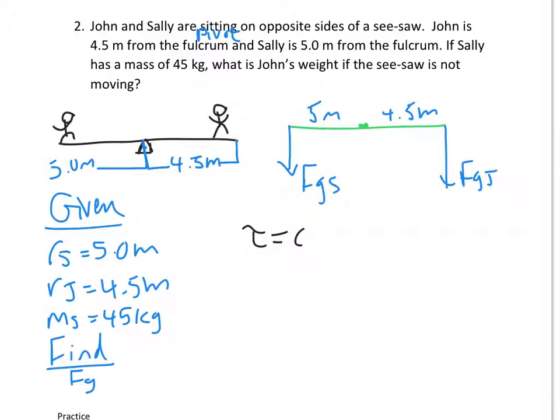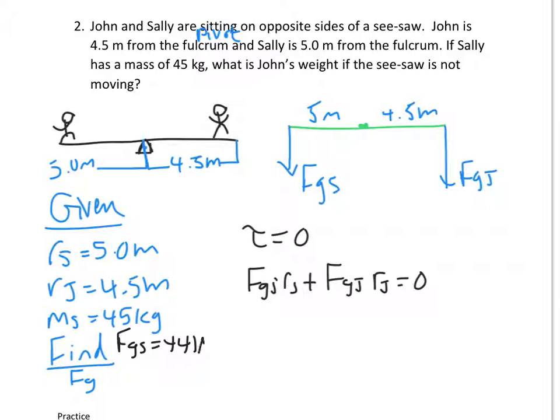Okay, so my total net torque is equal to 0, which means that the force of gravity for Sally times the radius of Sally plus the force of gravity for John times the radius for John equals 0. Okay, so we know that Fg is just mg, so that's easy enough to find for Sally. So Fg for Sally would be her mass, 45 kilograms, times 9.8 newtons per kilogram. So her weight, Fg for Sally, is 441 newtons.